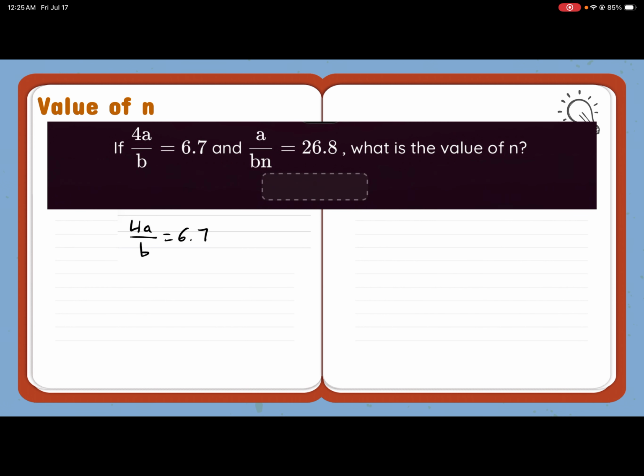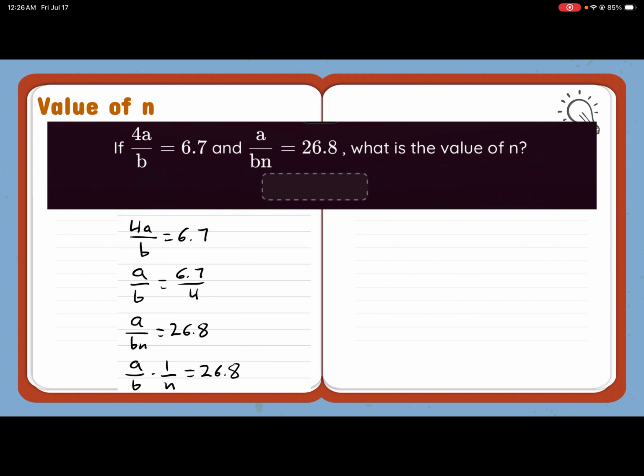That way A over B is just 6.7 over 4. And then again, we can just separate that A over B from the A over Bn by doing A over B times 1 over n. And that way we can just substitute 6.7 over 4 for A over B. And then we can just flip everything to get n instead of 1 over n.